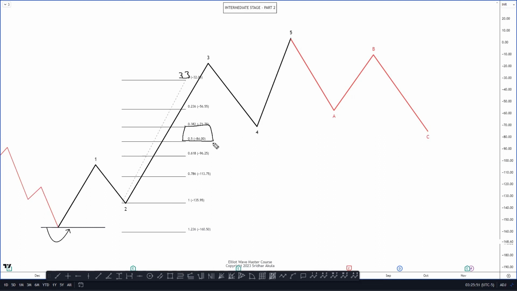Again, same rules apply for wave 4. If it's a sideways momentum, it can make anything. It can make a diagonal, triangle, sideways, flat. It can make a deep correction, zigzag, right? So ideal case, you want to look for 38.2% and 50% retracement. In advanced concepts, it does not matter whatever structures it makes, wave 4 has to break some indicator for us.